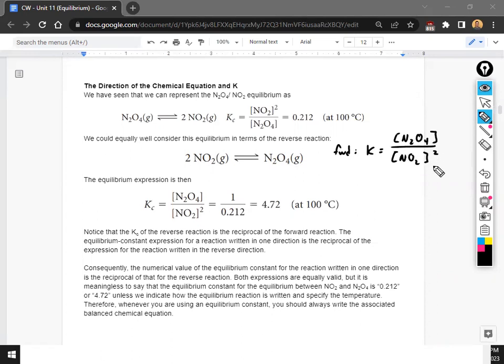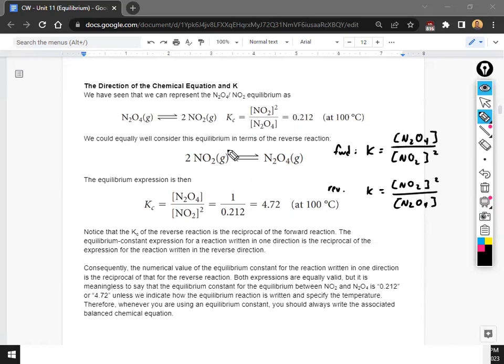This is what we've been looking at, right? But if we look at the reverse reaction, the K value of the reverse reaction is just going to be the inverse of that. It's because this will be the new product, if we're going this way, divided by the reactant, which is on this side.